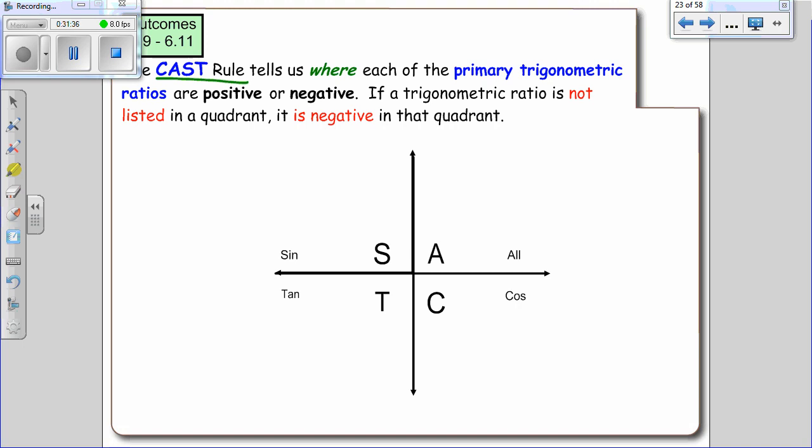Feel free to write it down if you want. You don't have to. It's more of a conceptual thing anyway. So if I was to draw triangles with reference angles in all 4 quadrants, they would look like this. That would be a reference angle. That would be a reference angle.